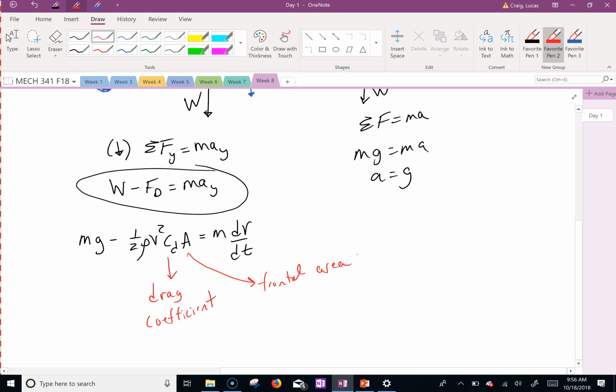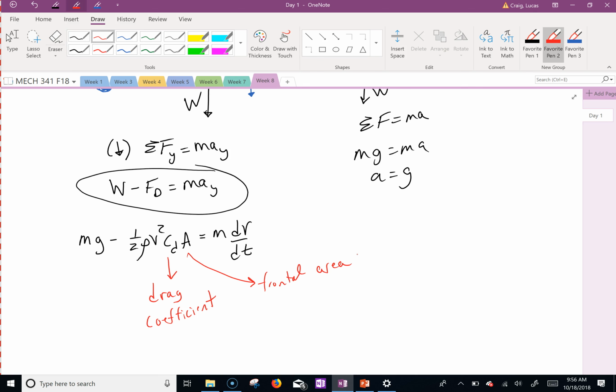And then acceleration, I just called dv/dt. So what did I just do here? I created not really a formula, but more of an equation.